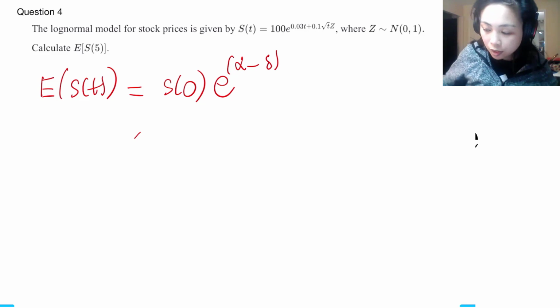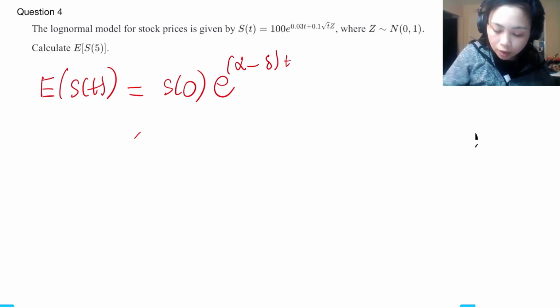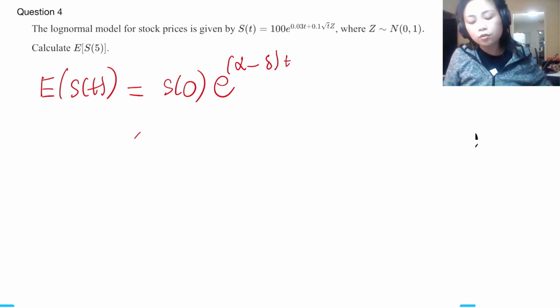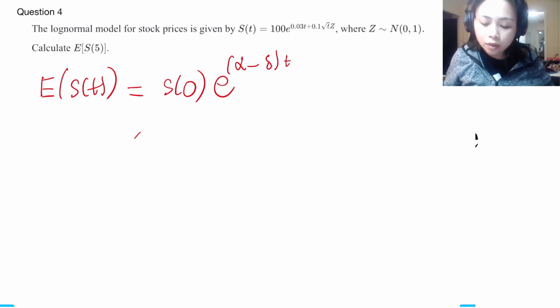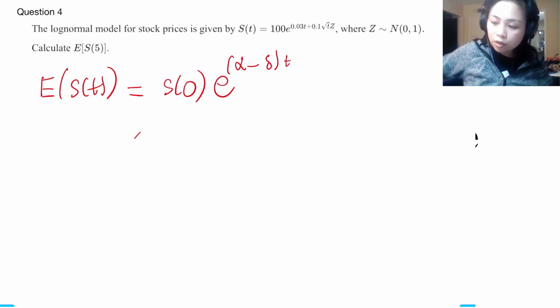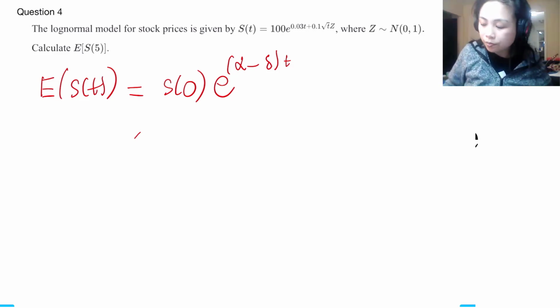And here we have to figure out alpha minus delta in order to find E of S of 5, right? So from here we'll have E of S of 5 is equal to S of 0. S of 0 is 100, right? E to the alpha minus delta times 5, right?